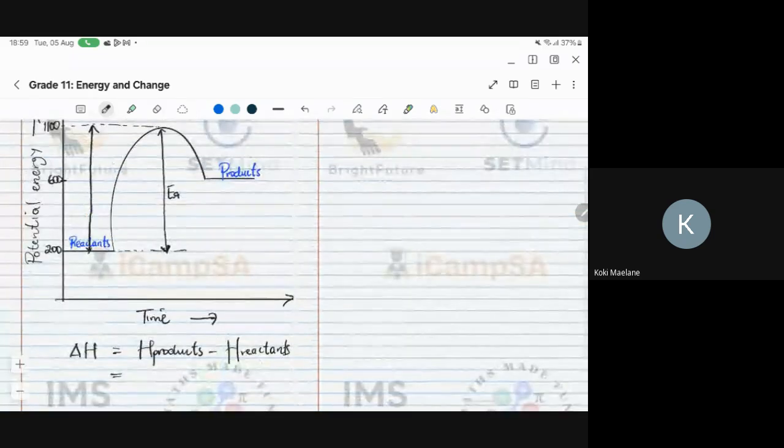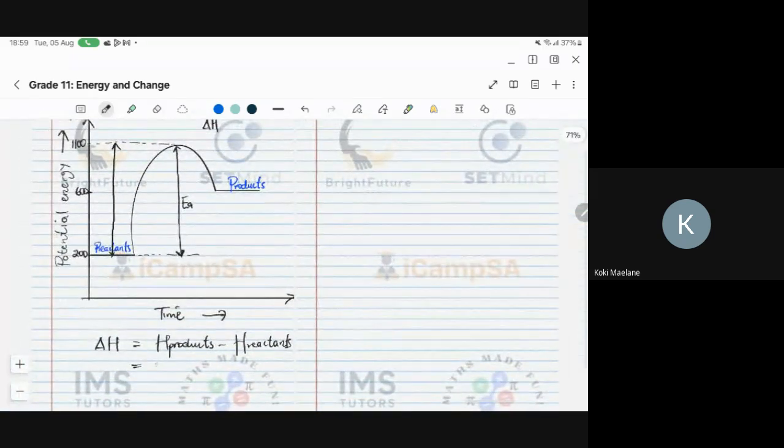In this example, products are 600. We are reading from here, remember? Products are at 600, minus reactants are at 200, and this would be 400 joules.